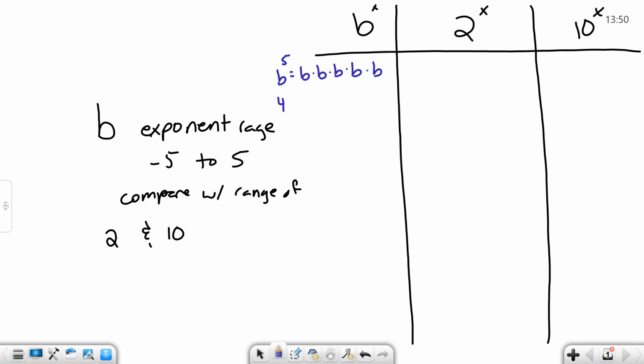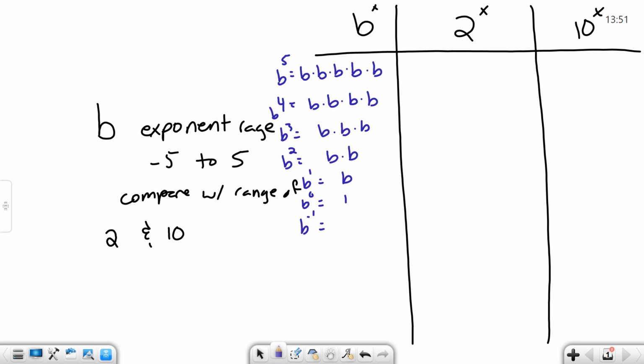If I drop to the 4th power, we drop a B. If we have B to the 3rd, we lose another. 2nd, we have 2 B's. B to the 1st, we just have B. B to the 0, we have 1.